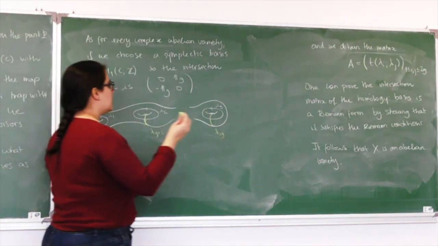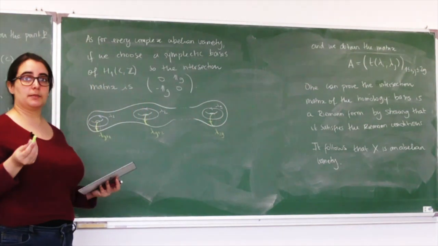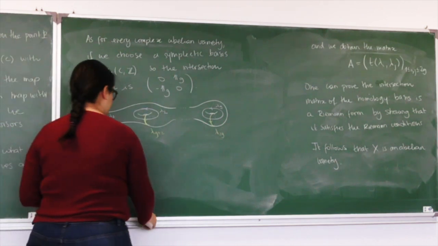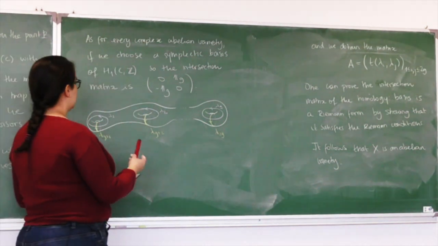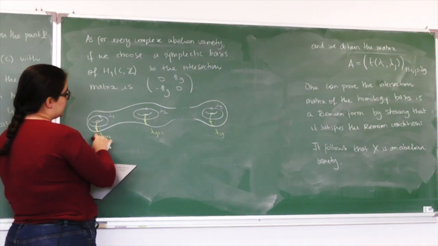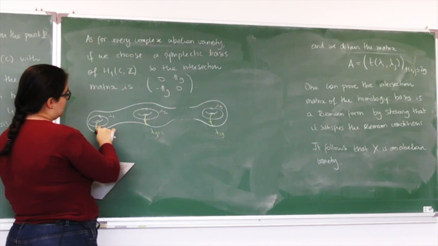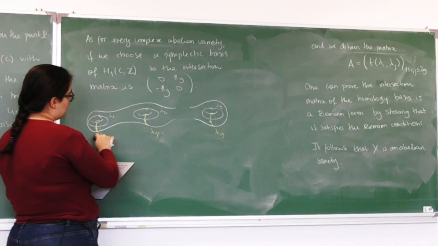And note that if you think of the definition that we saw for the intersection matrix, it is exactly this, because we have that lambda 1 only intersects with lambda G+1, and the way that they intersect is clockwise.